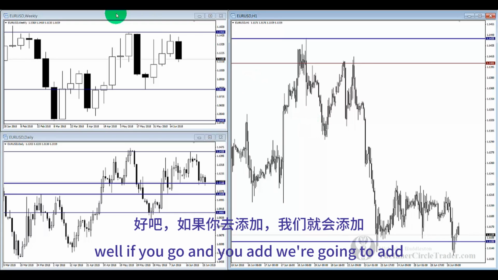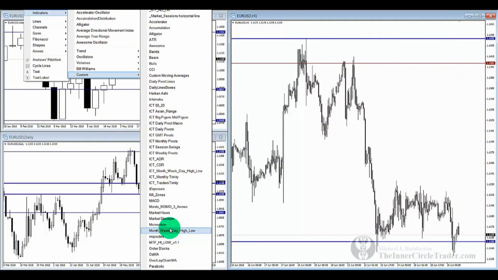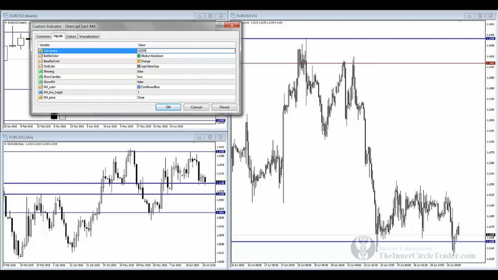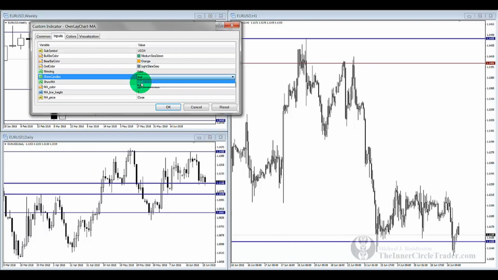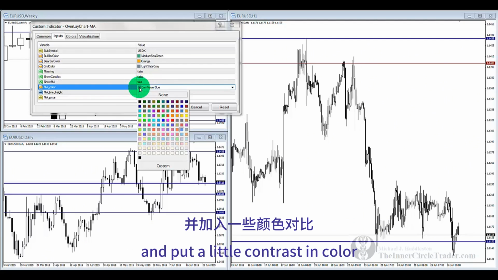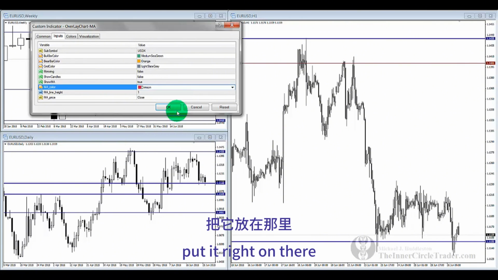Well, we're going to add the dollar index for SMT principles. We don't want the candles to show, and we want to make sure we show the moving average. We put a little contrast in color, put a red on there.